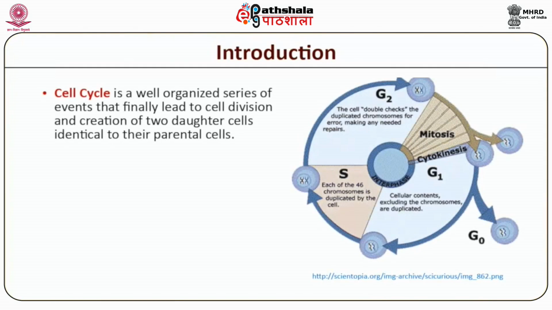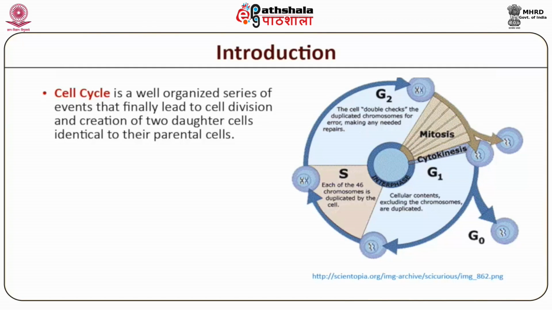Cell cycle is a series of events that finally lead to division of the parent cell, giving rise to two daughter cells identical to the parent cell. These events are highly regulated and well organized to maintain cell integrity.